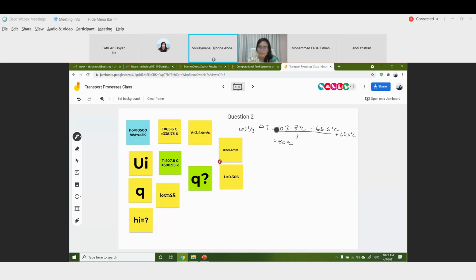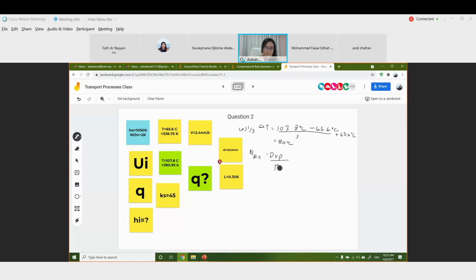Is it the Reynolds number? Correct, yes, good job. Usually we need to know the Reynolds number because we need to determine whether the flow is laminar or turbulent. In this case, the Reynolds number can be calculated using d V rho divided by mu.